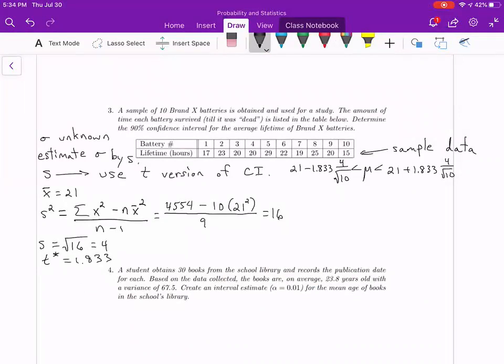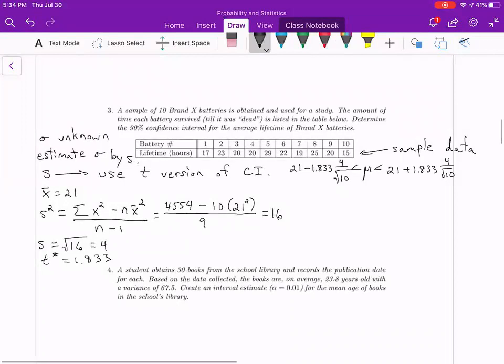So go ahead and calculate those. Make sure you finish it. I'm going to write your answer here, but you should make sure that you're actually able to get it. So I have a lower bound of 18.68 and upper bound of 23.32.